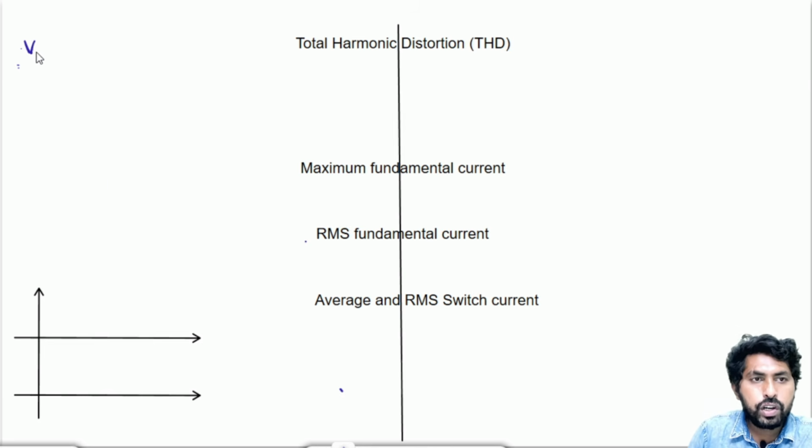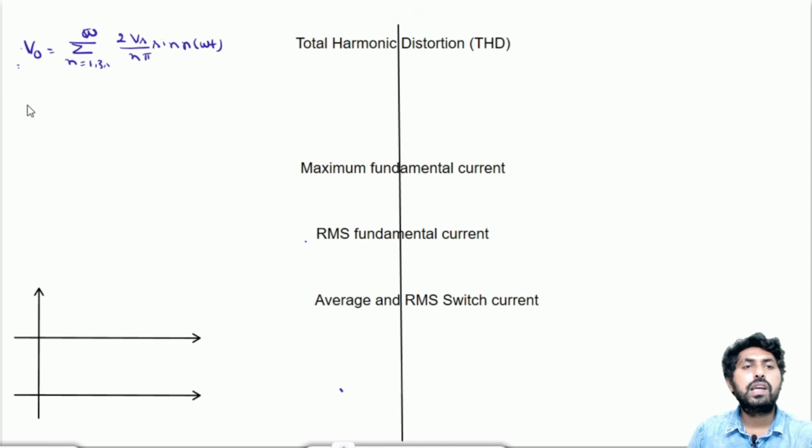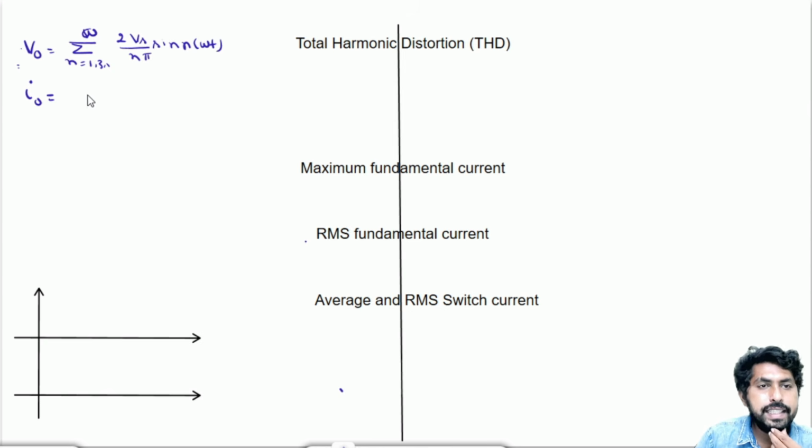Here V naught equals sigma, n equals 1, 3, 5 to infinity, 2 Vs by n pi into sine n omega t. And I naught would be, let me write I naught also. The Fourier series expression for I naught will be sigma, n equals 1, 3, 5 to infinity, 2 Vs by n pi into n omega L. Here it is the inductance, so it will be n omega L.